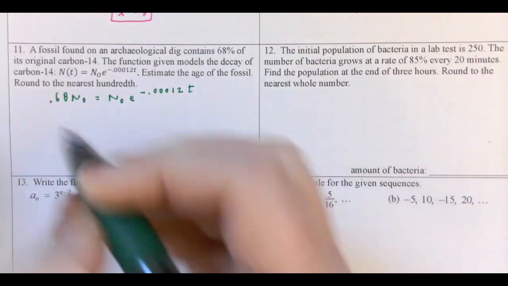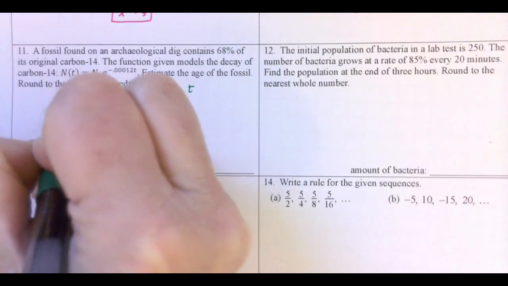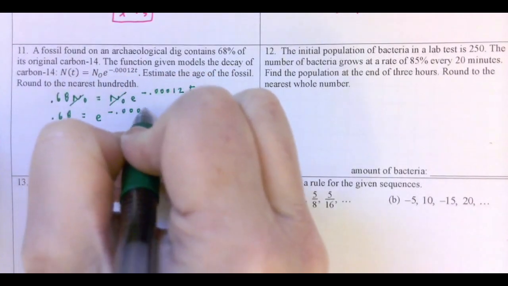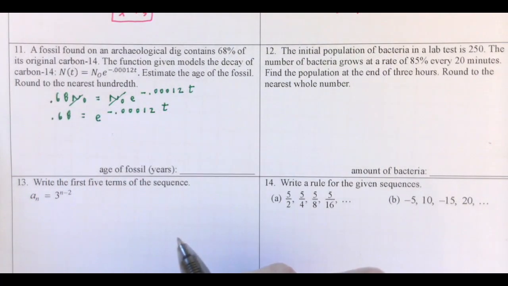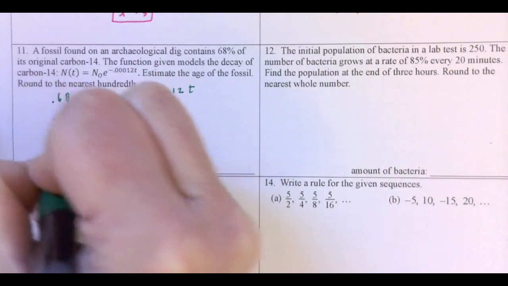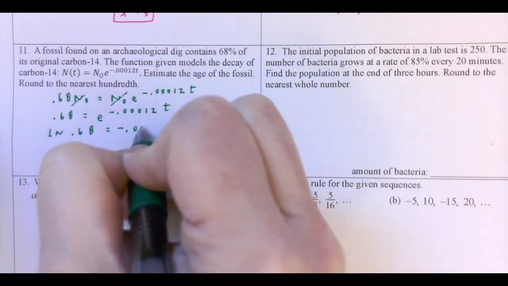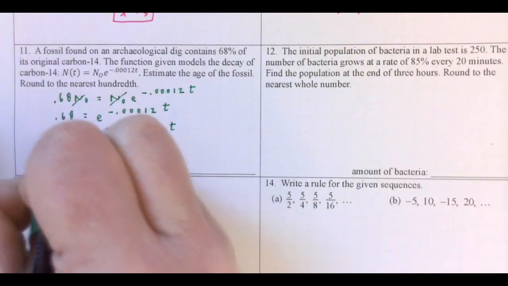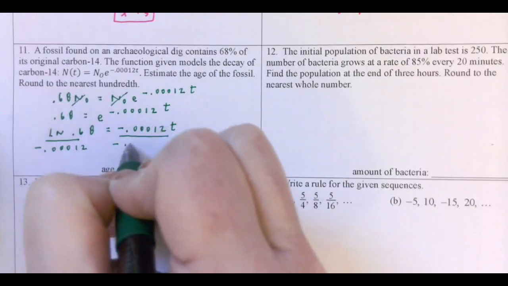Okay, so that N naught cancels away, and I'm really left with 0.68 equals e to the negative 0.00012 t power. So now if I rewrite this as a log, I know it's log base e, so ln 0.68 equals negative 0.00012t, and then I can divide that negative 0.00012 from both sides.